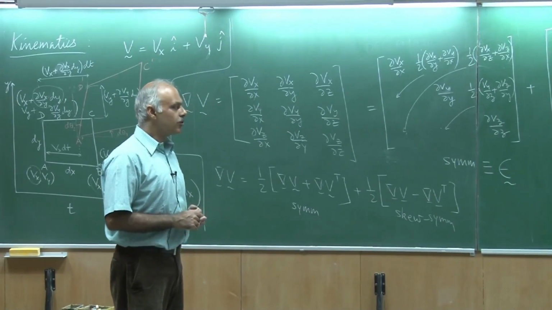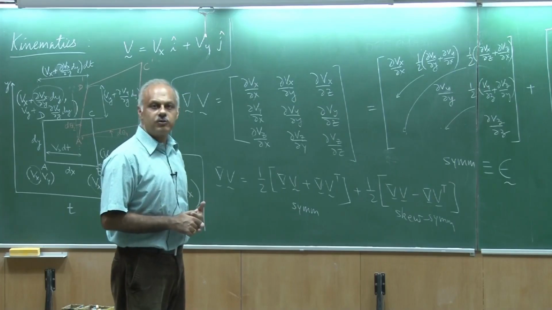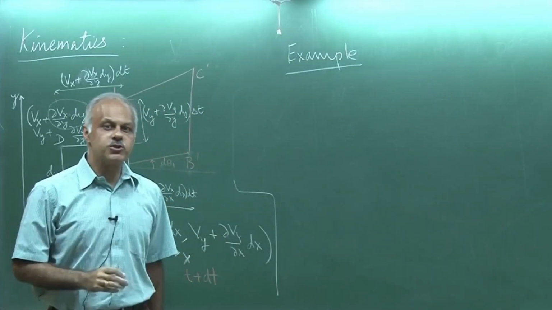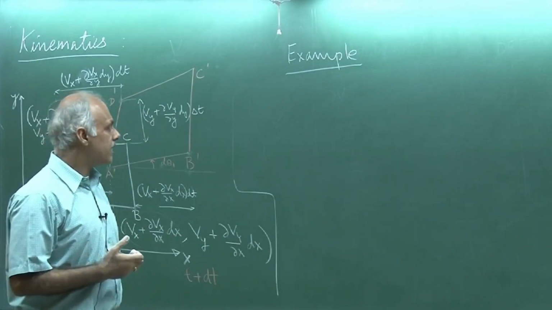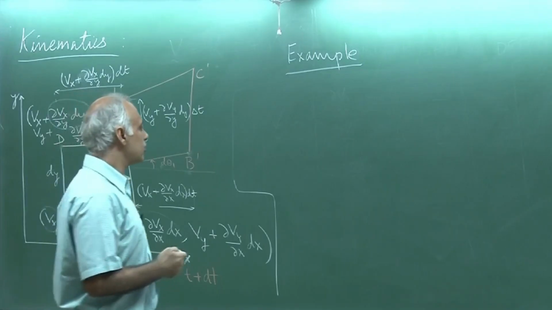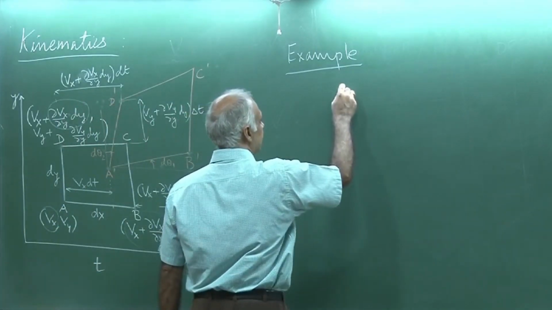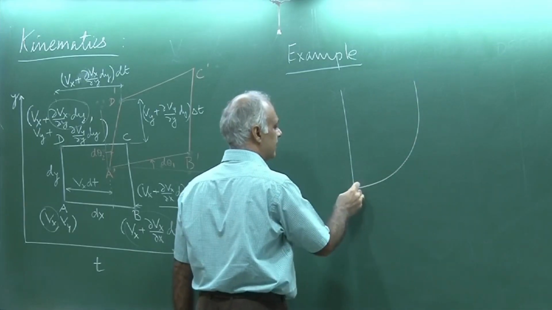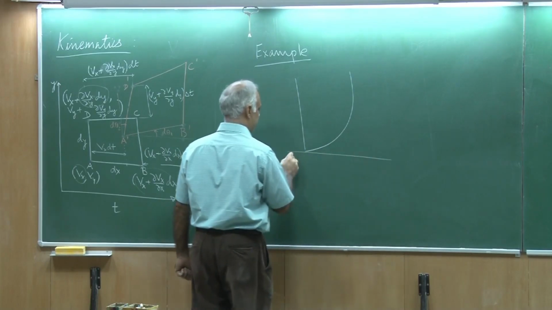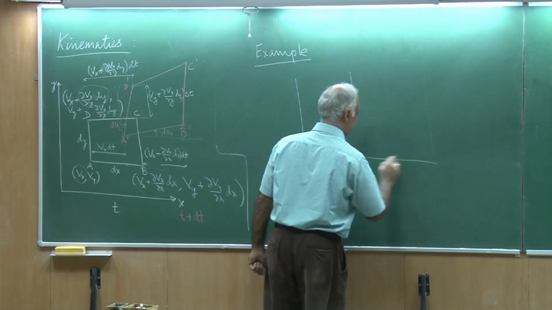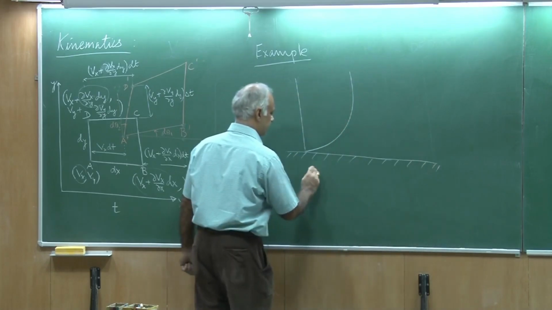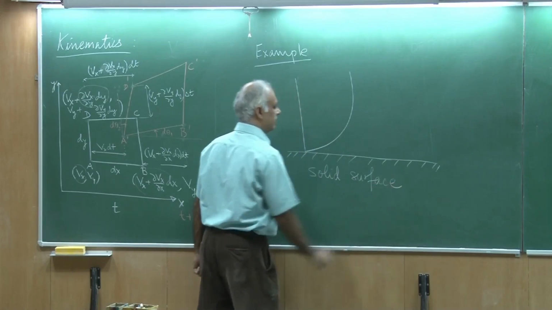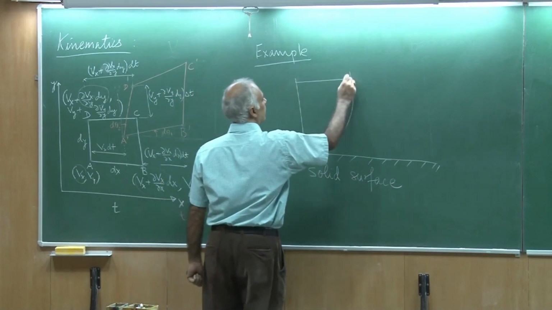I would now like to show you what a real fluid element would go through in a certain kind of flow. Let me give you a very simple example of what a typical fluid element goes through. Imagine that I had a velocity profile of something like a boundary layer. So, this is a solid surface, and this is a velocity profile.